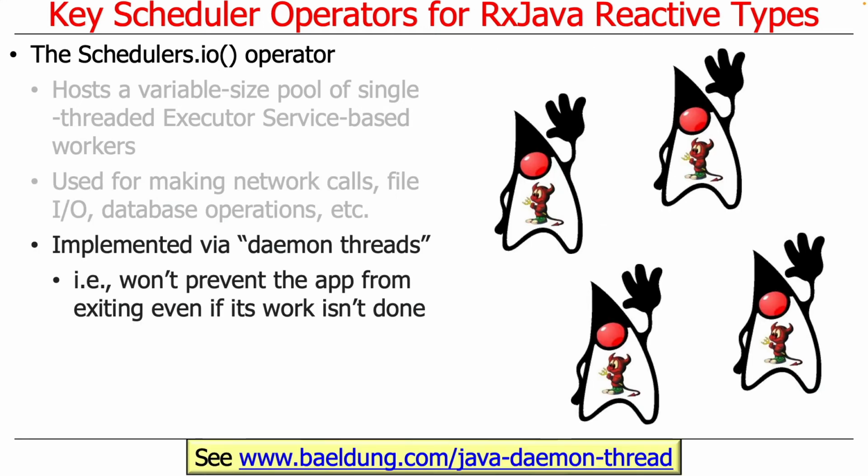Now, a couple other things to note. This particular thread pool is implemented using so-called daemon threads. We've talked about those before. That's the same kind of thread that we use for the computation thread pool. And they won't prevent the app from exiting even if its work isn't done. So if the last non-daemon thread goes away, then all the threads running in this I/O thread pool will also magically shut down.